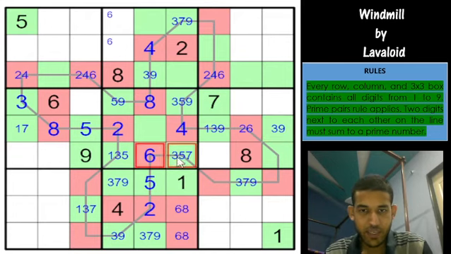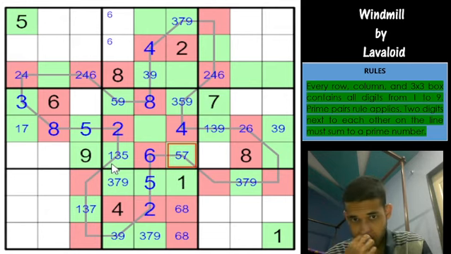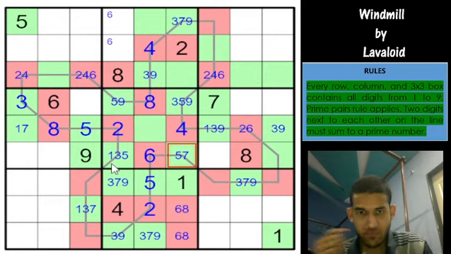Okay, 6 cannot go with a 3. Am I missing something simple here? So I have 1 here, 7 here, 9 here, so this cell can only be 3 or 5.